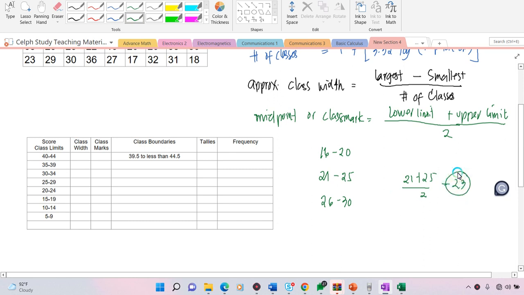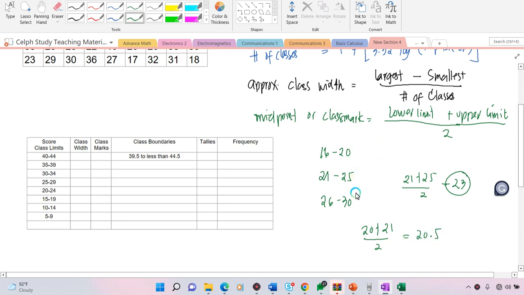Another term I mentioned earlier is class boundary. For the class boundary, you add the upper limit of one class and the lower limit of the next class, divided by 2. That is 20 plus 21 divided by 2, which is equal to 20.5.